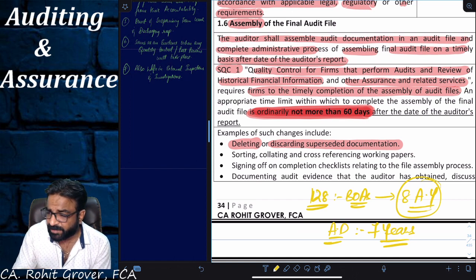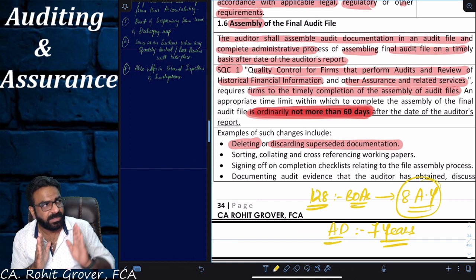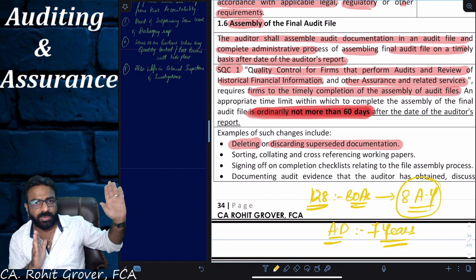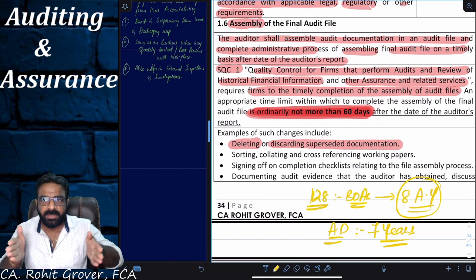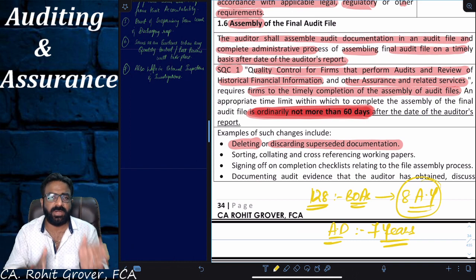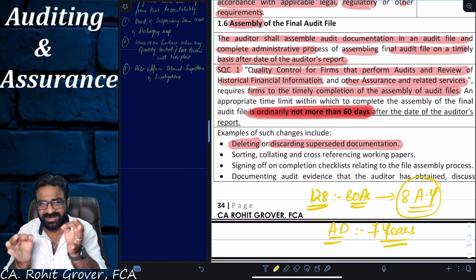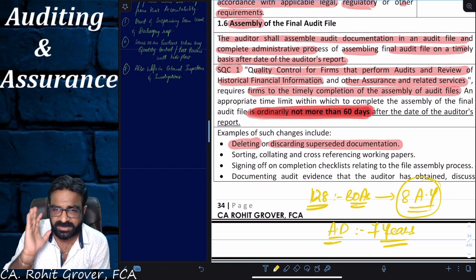Now tell me, what will I do in the 8th year? In the 8th year, the last year's documentation I can dispose. But at every point of time, a group of 7 years of audit documentation should be present in your firm. Always remember this.